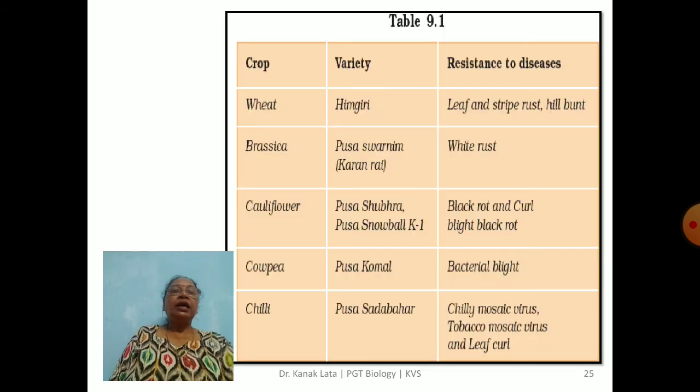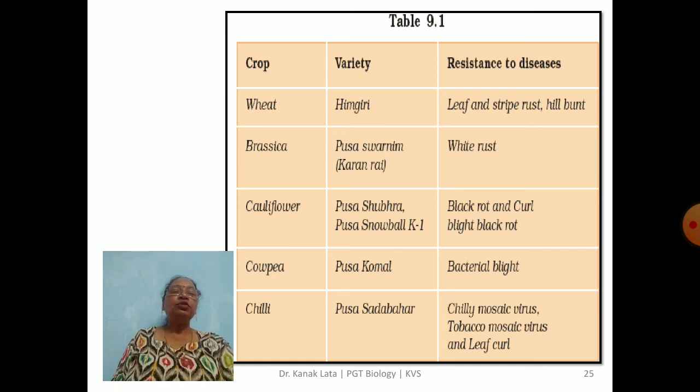Here again there is one table that indicates crop, its variety and resistance to diseases. Wheat variety resistant to leaf and stripe rust and hill bunt. Brassica, that is Pusa Swarnim or Karan Rai, is resistant to the disease white rust.